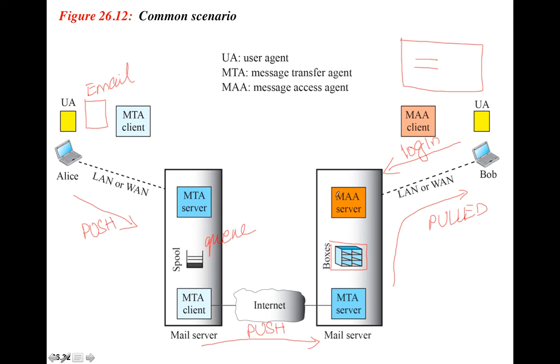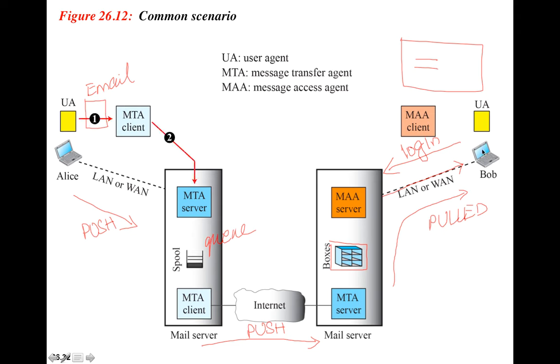Once the login information is validated, once the user is authenticated, the user can then pull the information, right? And the emails will be pulled and get stored on the user agent at the receiver side. So understand this, we have two instances of pushing the data, and we have one instance of pulling the data. And this takes place in the scenario where both Alice and Bob are making use of email clients.